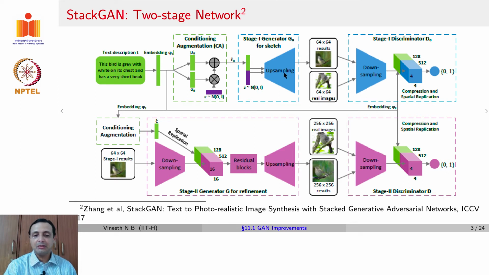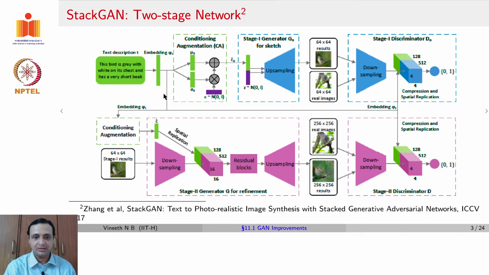The first stage generator then goes through an upsampling generator module, which generates a 64 cross 64 image that you see here. Now, the generated image and a set of real images in a given mini batch are provided to the discriminator, which downsamples these images, and before the final step of classifying this input as real or fake, you also include the embedding phi t again here.